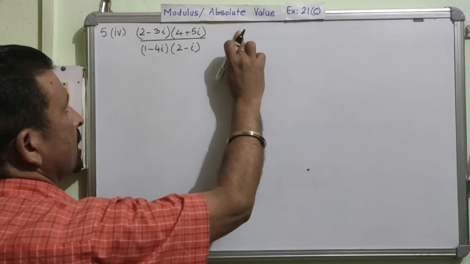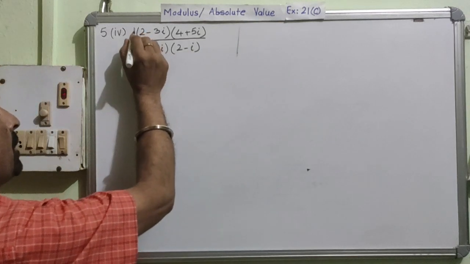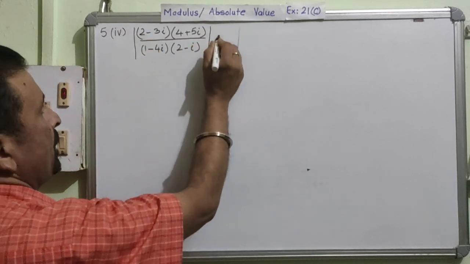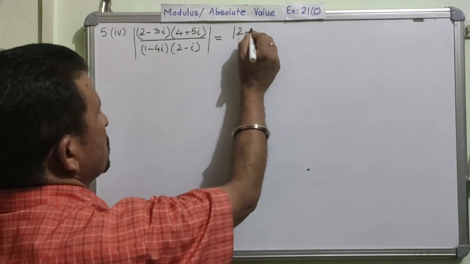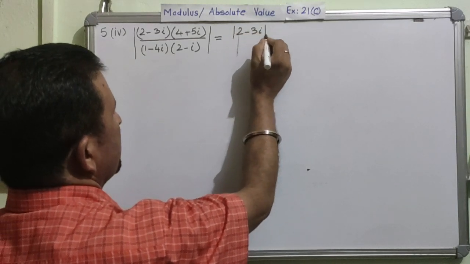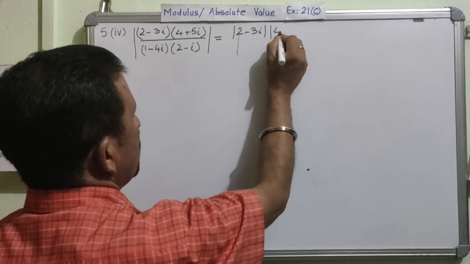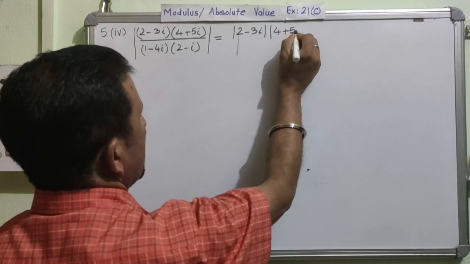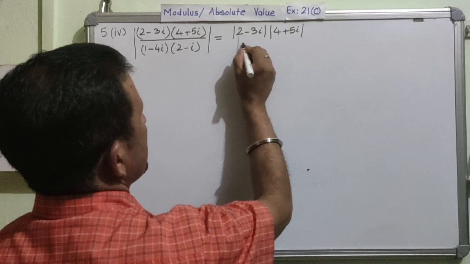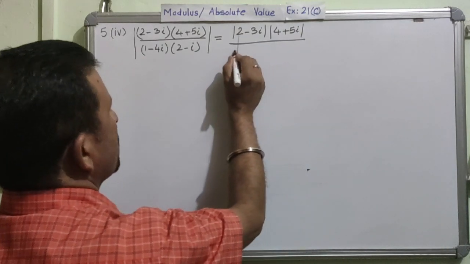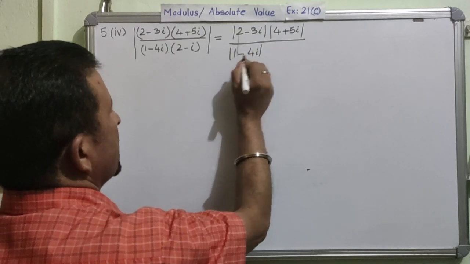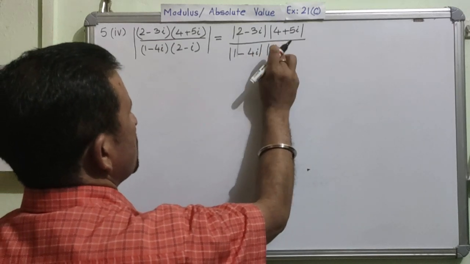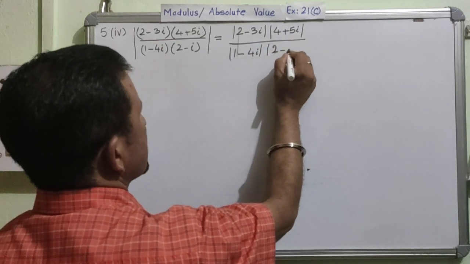We can use the property: the modulus of this will be equal to the modulus of 2 minus 3i times 4 plus 5i, divided by the modulus of 1 minus 4i times 2 minus i.